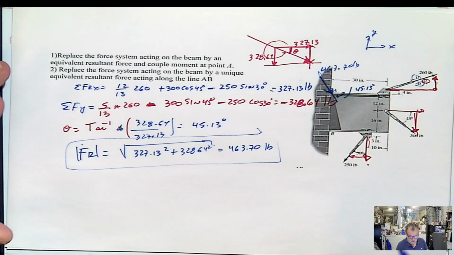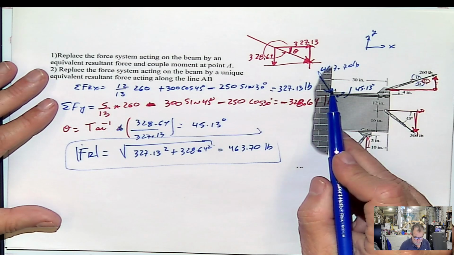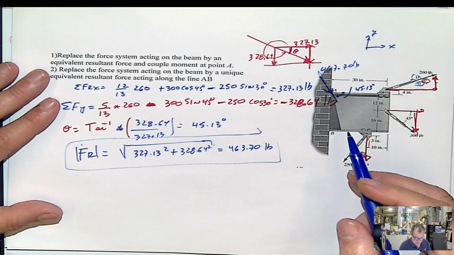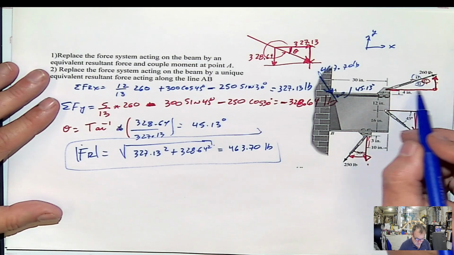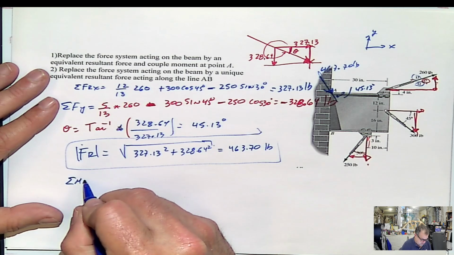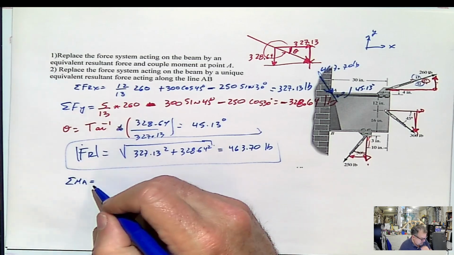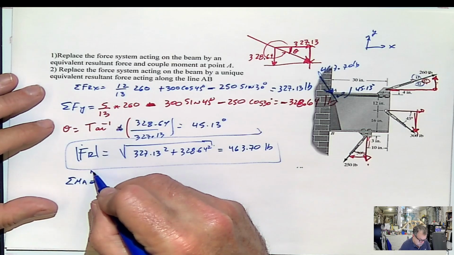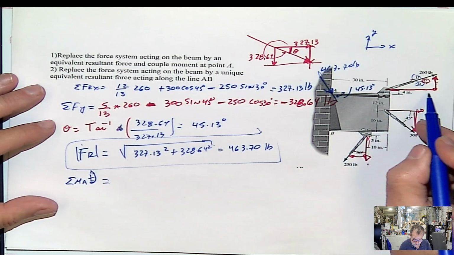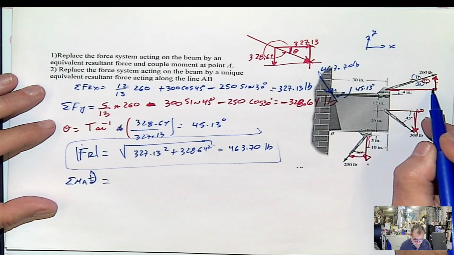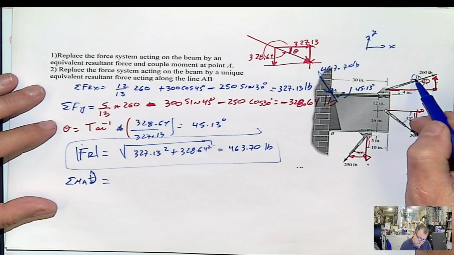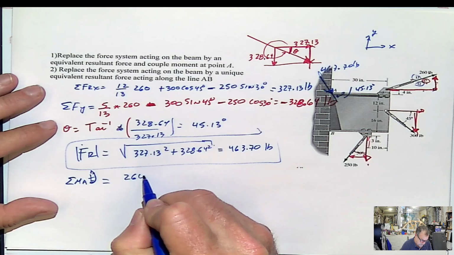So we need to check all the moments that are produced with respect to the point A. How do we do that? Let's say summation of moments at A, and let's say this summation of moments at A is going to come in this way as positive. Let's start with this horizontal force. That force, we said it was 12 divided by 13 multiplied by 260.